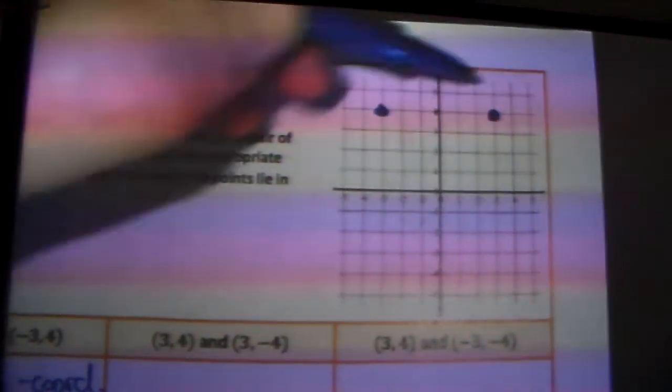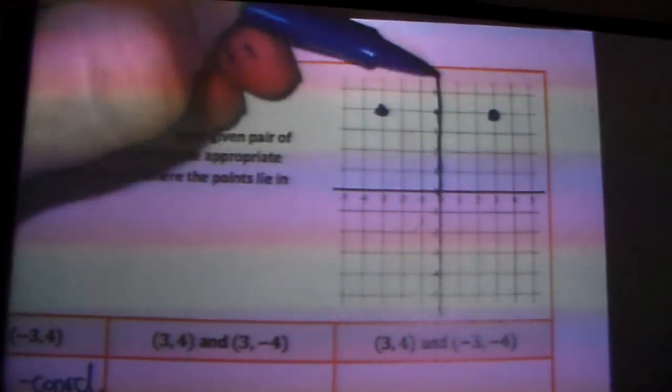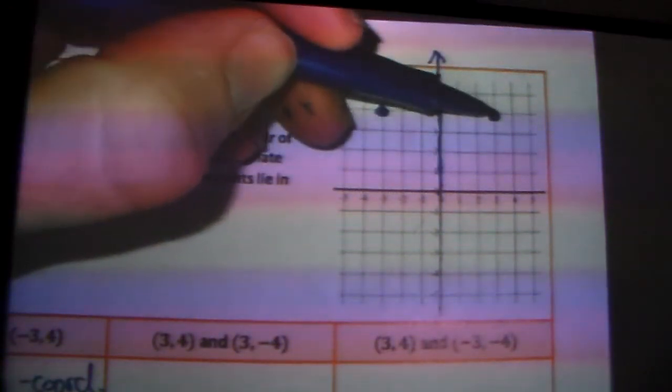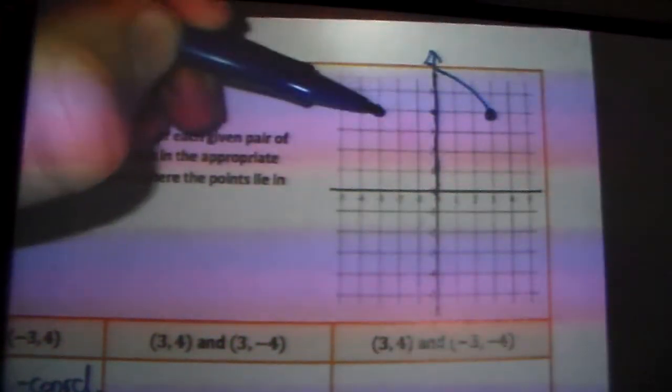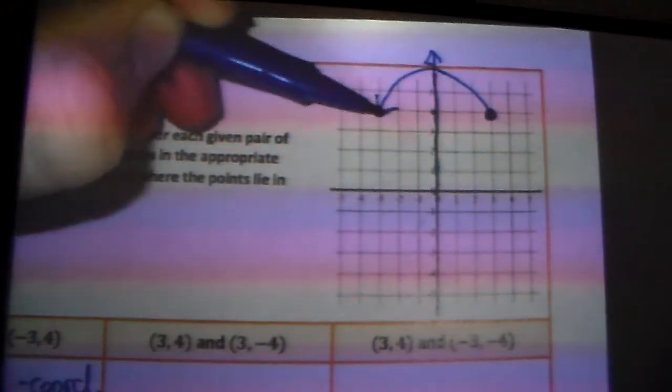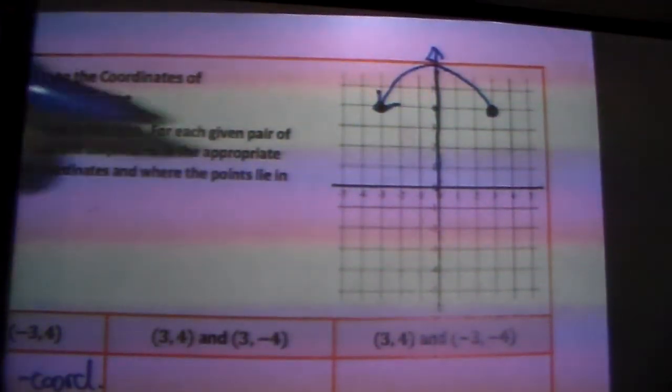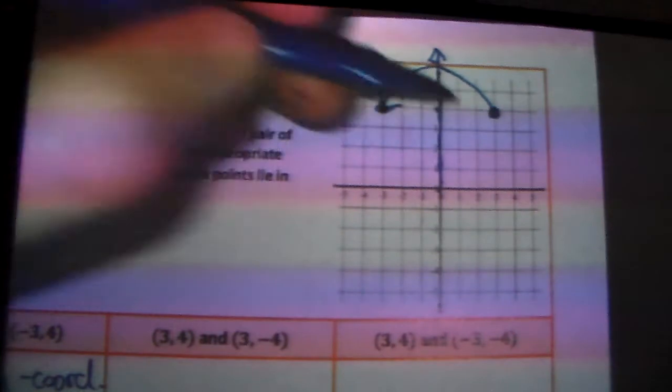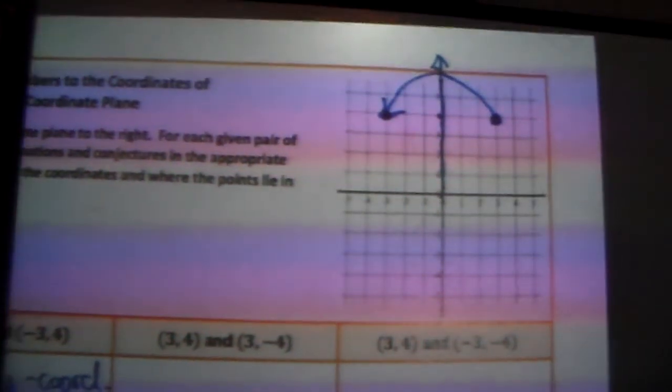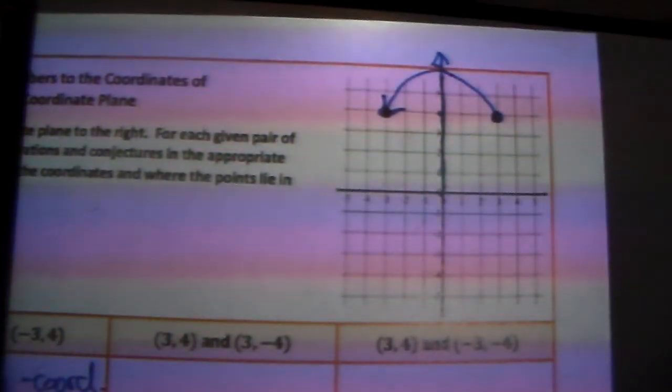So what we've done is we've essentially taken this y-axis and reflected our point over the y-axis. We can see that because they have the same absolute value for their x, so they're both the same distance away from 0 on the x-axis.